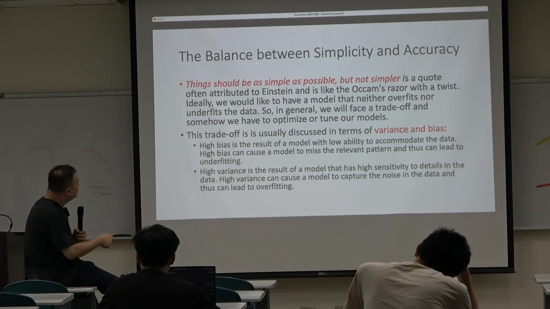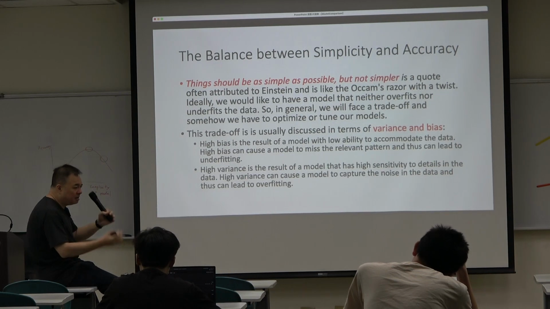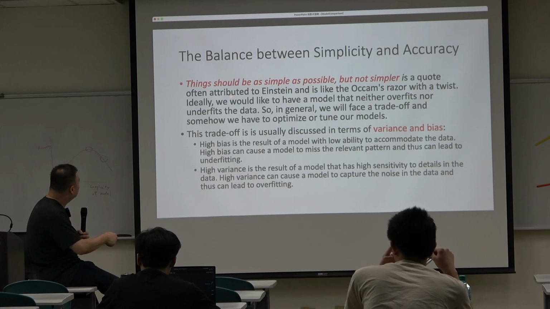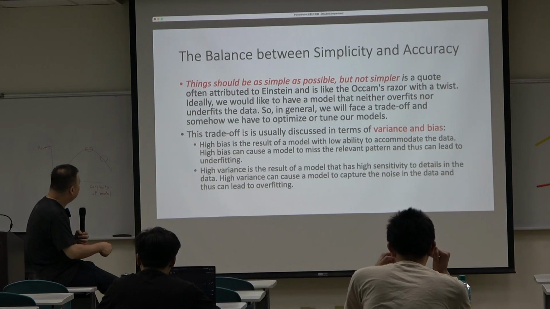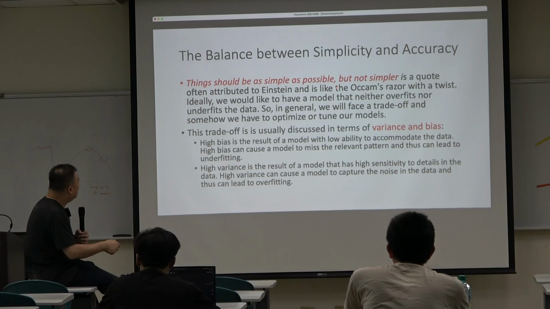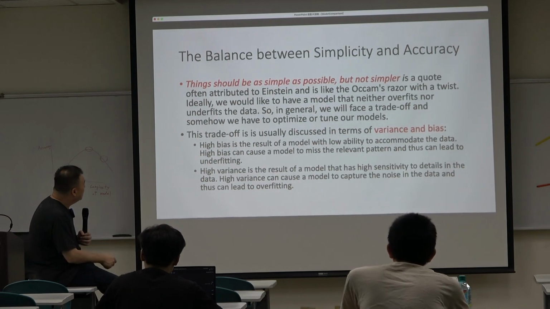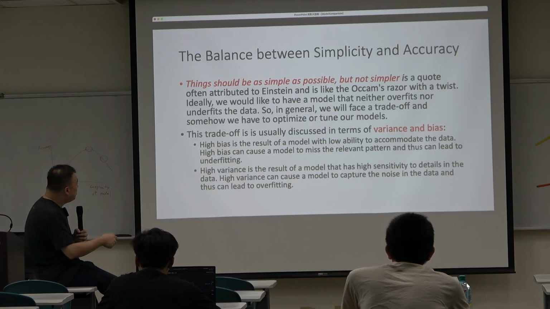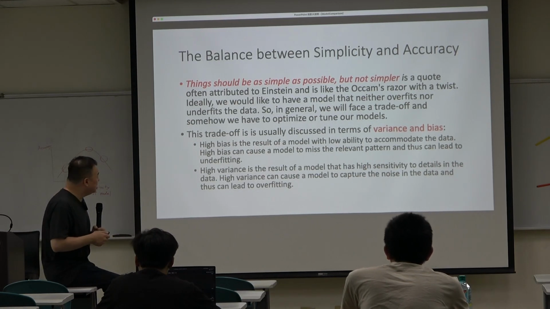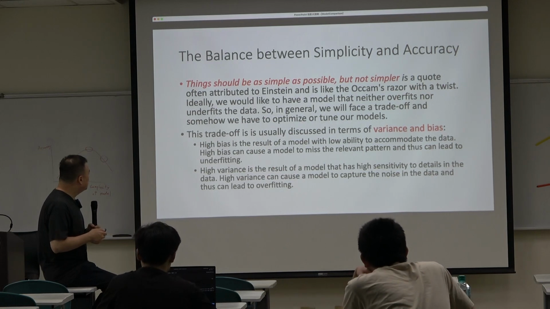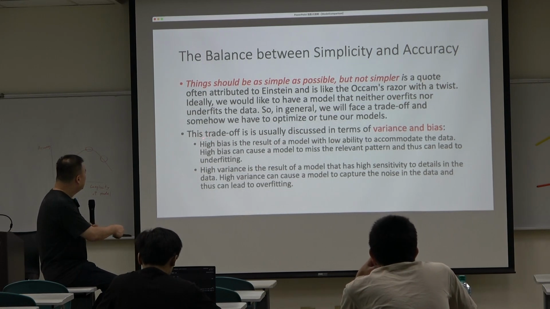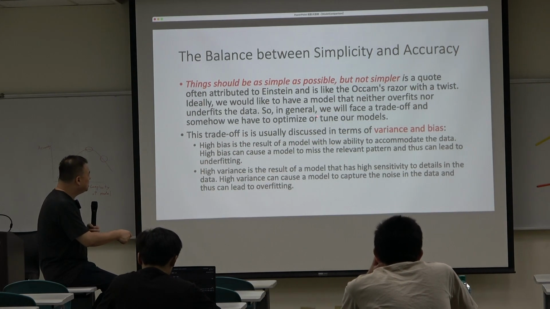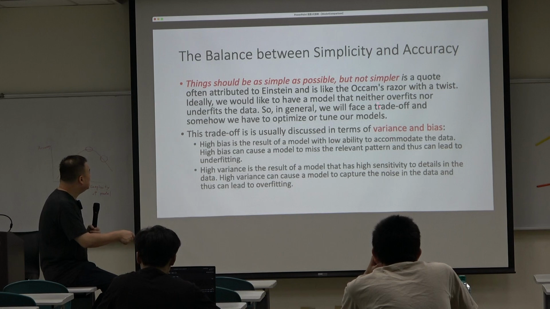Another way to describe this trade-off between complexity and accuracy is called variance and bias. The bias is the result of a model with low ability to accommodate the data.